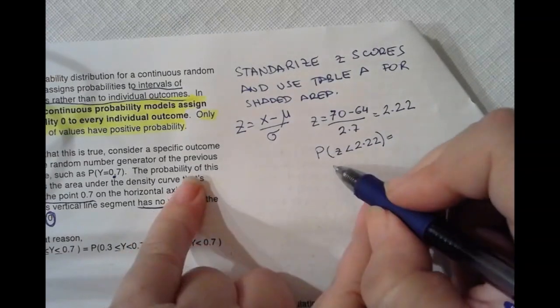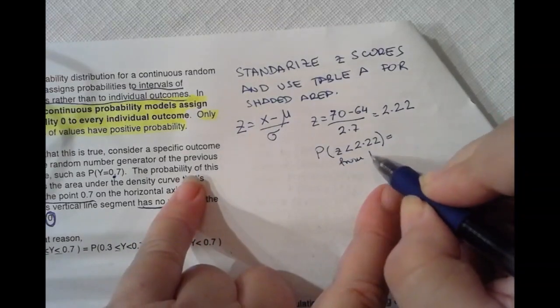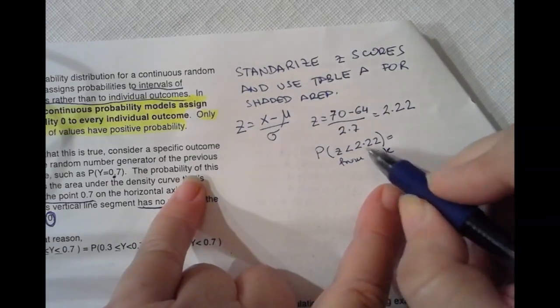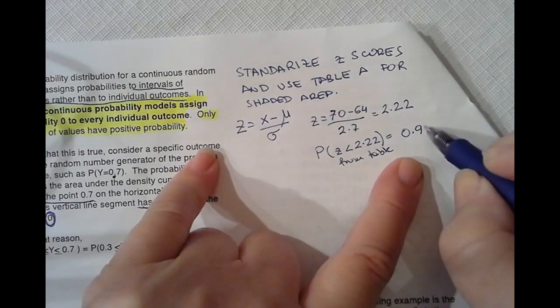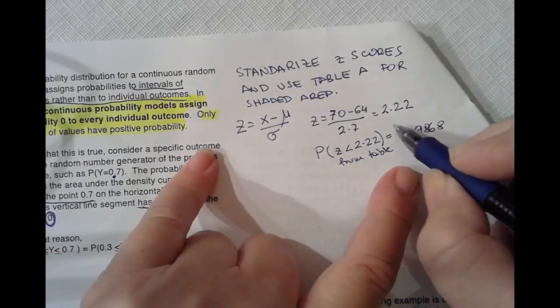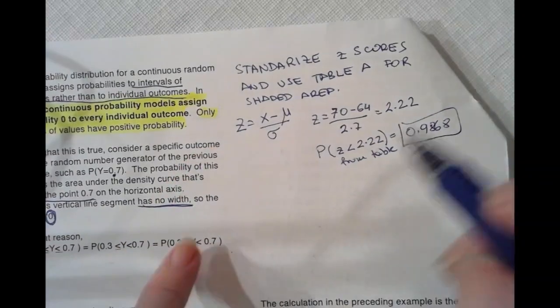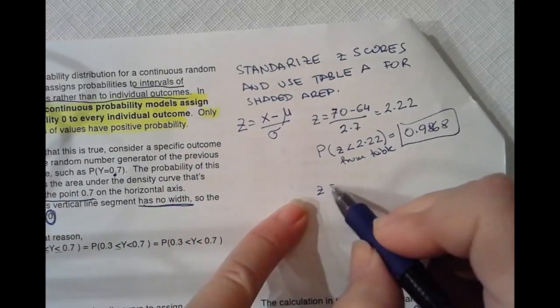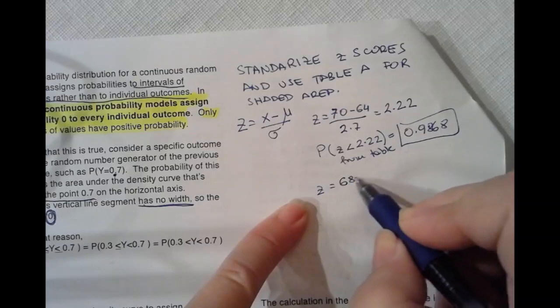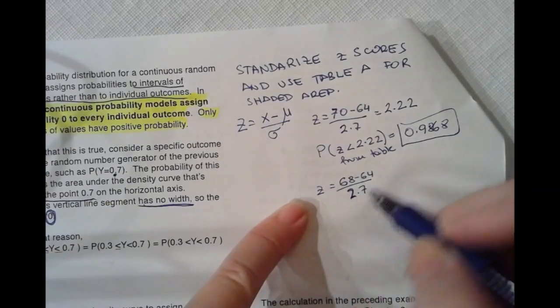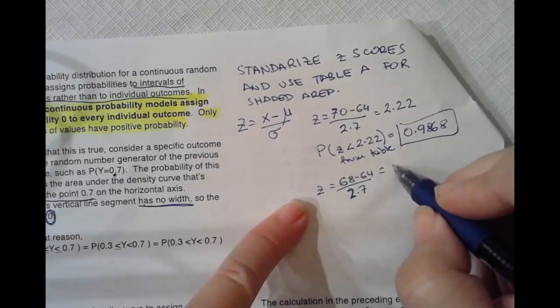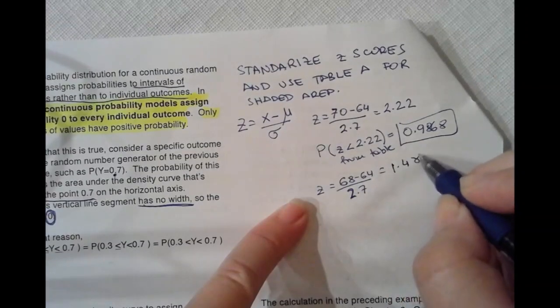From the table, look up 2.22, you will find that it's 0.9868. Then you're going to find the z-score for 68. And the z-score for 68 is 1.48.